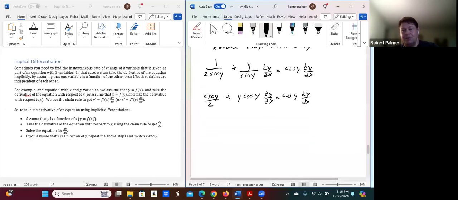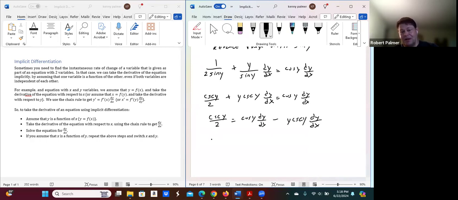All right. So we're going to get the dy over dx terms together. So let's subtract this term from both sides. And so on this side, we have the cosecant of y over 2 is equal to the cosine of y times dy over dx minus y times the cosecant of y times dy over dx. And as we did in the previous example, we want to factor out the dy over dx.